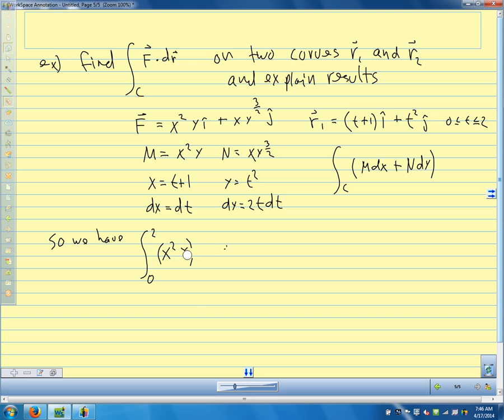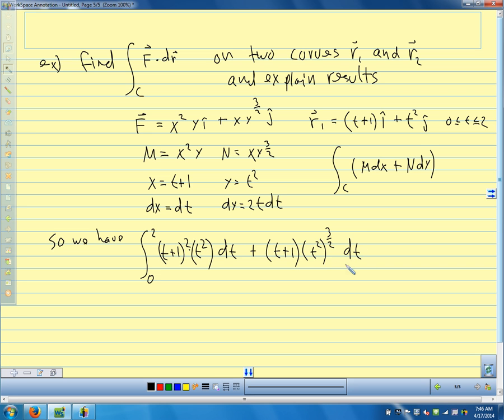So x squared is t plus 1 squared, times y, which is t squared, dt, plus x y to the 3 halves, so plus t plus 1, and then t squared to the 3 halves dt.